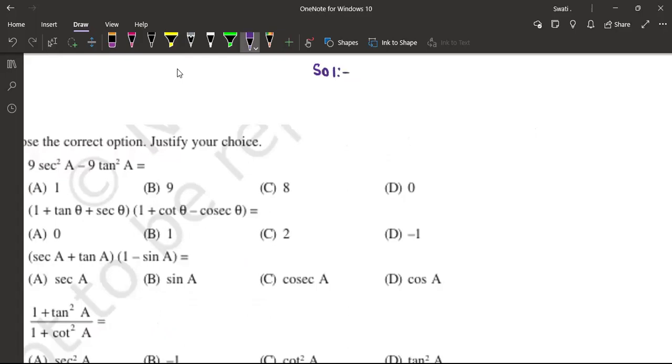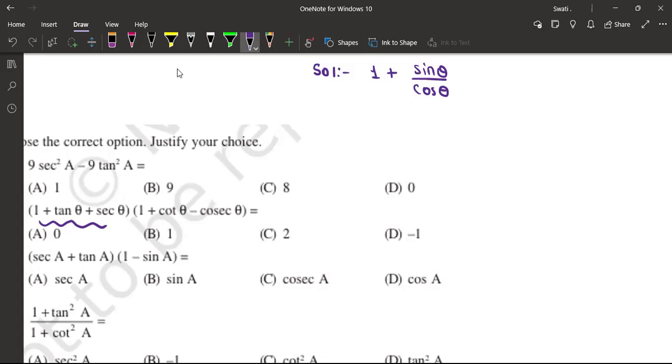Okay, so it is written 1 plus tan theta, right? Do you know what I'm going to do? I'm going to write down this part, 1 plus as it is. And can I not use here the formula of tan theta as sine theta upon cos theta? Can I use this? Yes, I can use it, right?